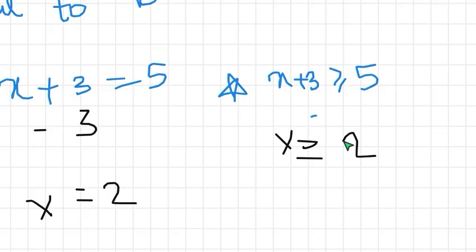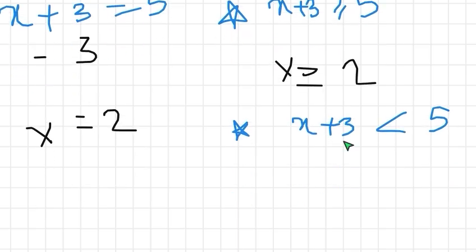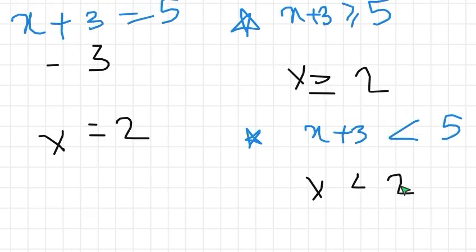We do it as if there was an equal to sign here. So if we write x plus 3 is less than 5, what about now? We treat it as if there was an equal to sign, but we make sure that this less than sign remains the same.